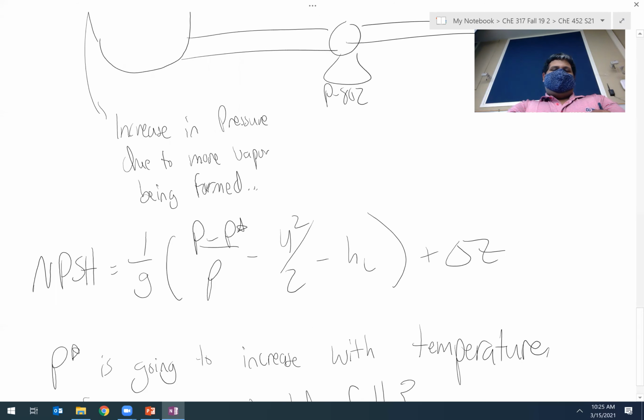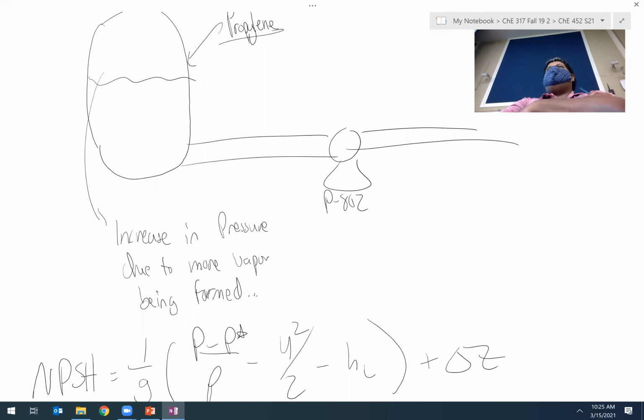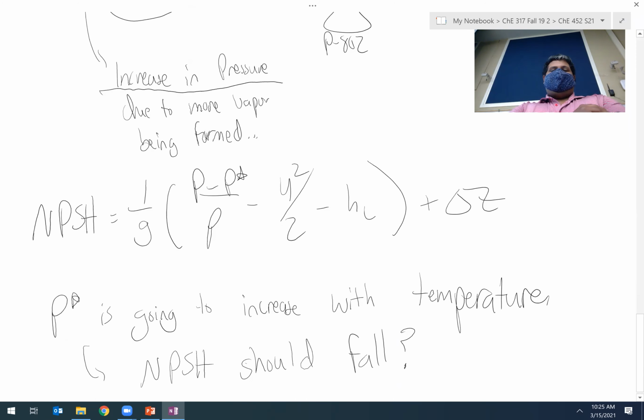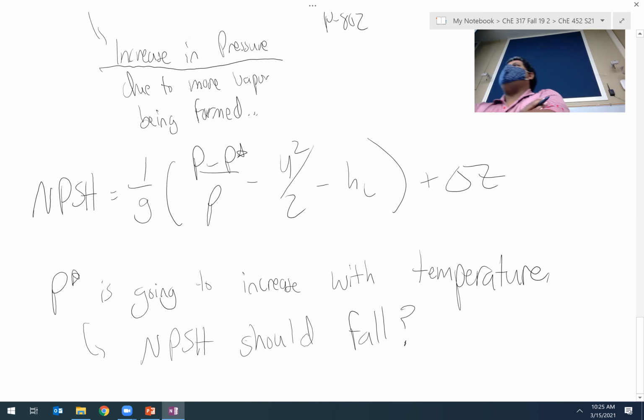Well, what did we just say up here? We said that the tank pressure is going to increase. So what's that going to do in our system, on our equation for NPSH?